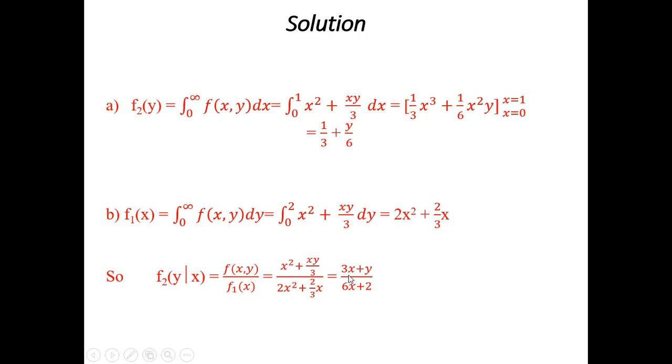We'll end up with 3x plus y, and down here in the denominator, when we multiply this by 3, we'll end up with 6x plus 2. You may be able to see it without, but a couple of basic algebraic steps will bring us to 3x plus y over 6x plus 2.